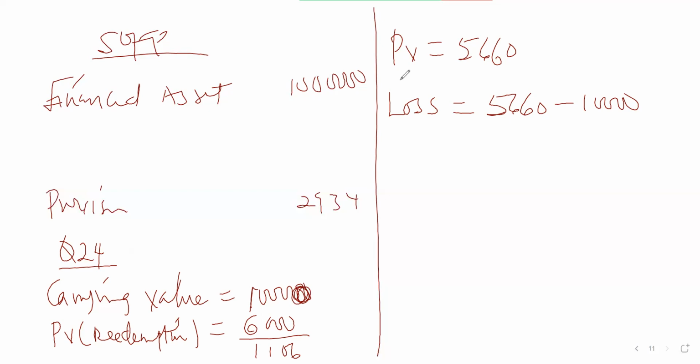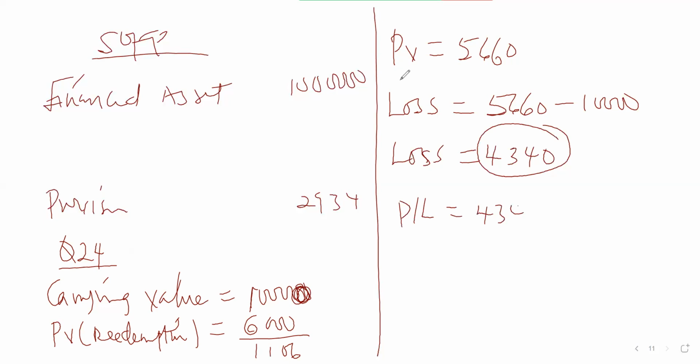So what will be the impairment loss? 4,340. This is not the total loss, but we have already made a provision of 1,000. So the figure that will go to profit or loss will now be 4340 minus 1,000, and that will give you 3340.